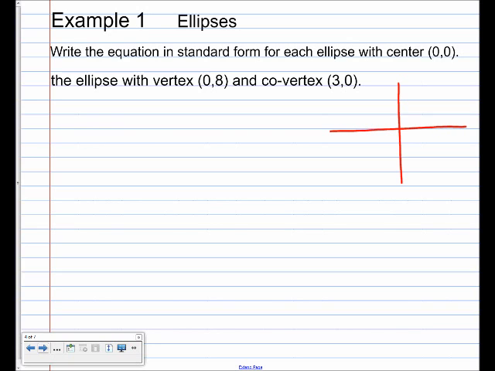It says the center is 0, 0. So there's my center. Where is a vertex point? 0, 8. So I'm going to say this is 0, 8. So if there's a vertex up there, there's also a vertex at 0, negative 8. Very good.